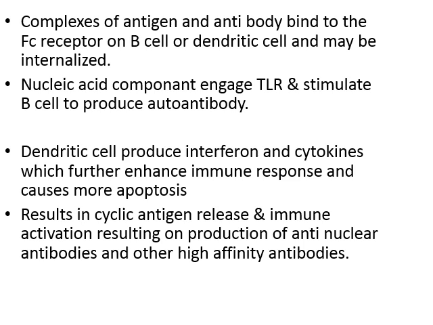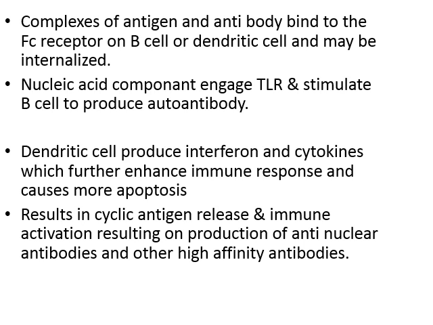You learned about toll-like receptors in your innate immunity chapter, where you have seen the toll-like receptors activated and cause many inflammatory reactions. Now the dendritic cell produces interferon and cytokines, which further enhance the immune response and cause more apoptosis.